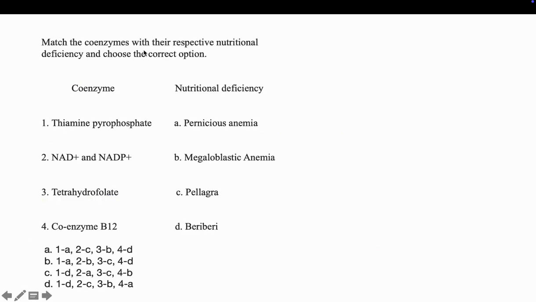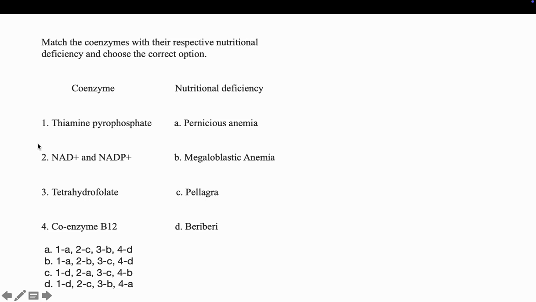Then we need to match the coenzymes with the respective nutritional deficiency from the options here. So we have coenzyme thiamine pyrophosphate.